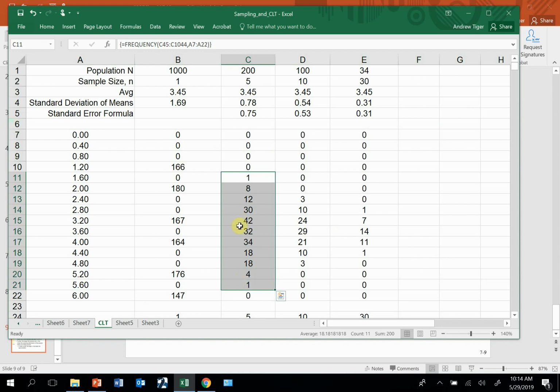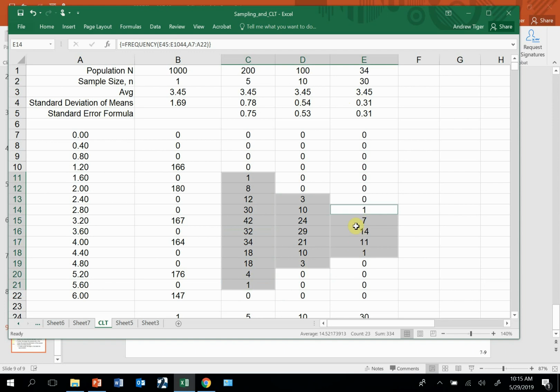I'm getting some numbers in the middle, between about 1.6 and 5.6. When I take a sample of size 10 and take the average, my range gets tighter, still centered around 3.5. And then when I take a sample of size 30, the range even gets tighter. So look at the range of this, and then the range of this, and then the range of this.